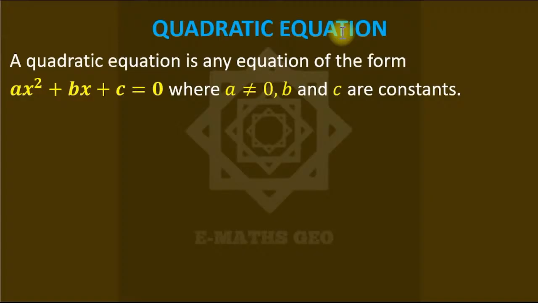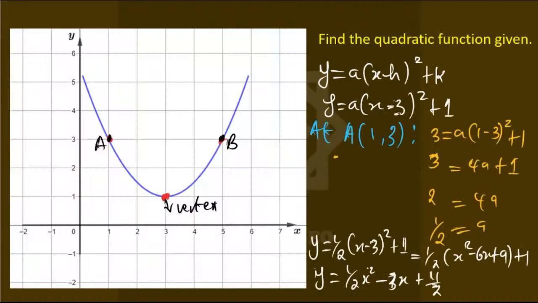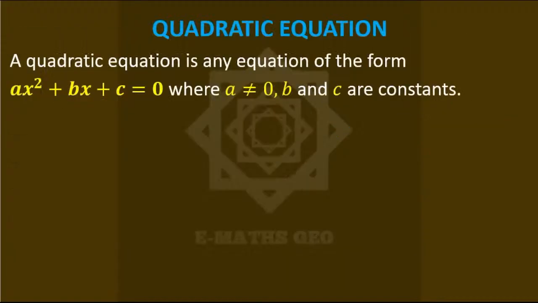A quadratic equation is any equation of this form, ax squared plus bx plus c equal to 0. If you notice, when we expanded the function, the right-hand side will be in the form y equals ax squared plus bx plus a final constant c. That's why I say the general quadratic function.